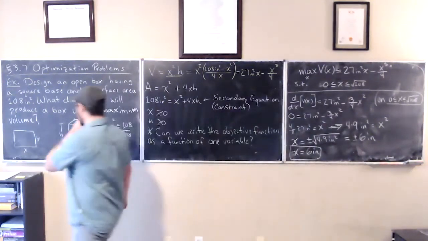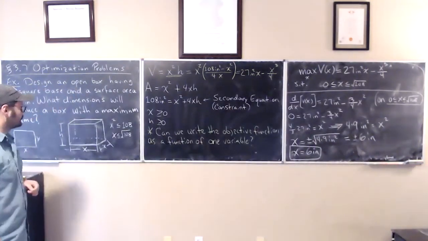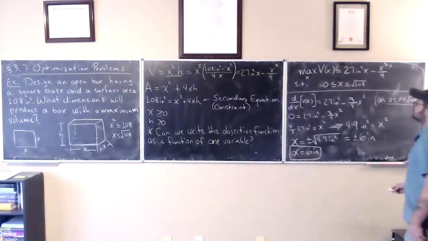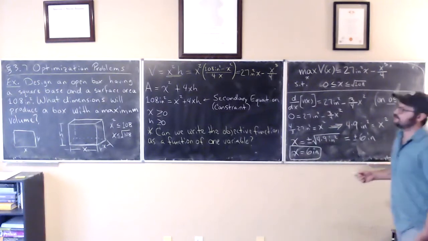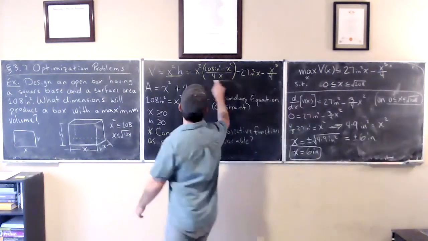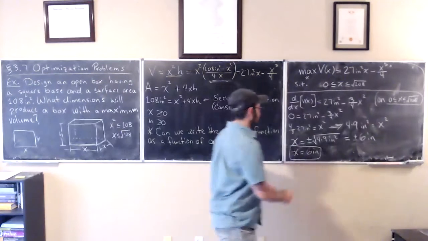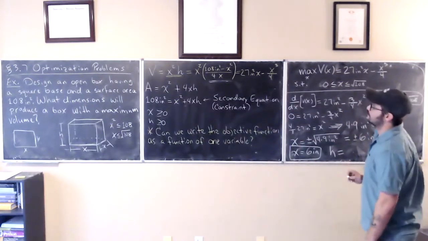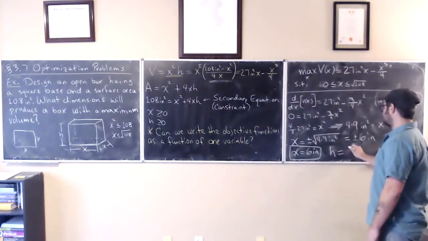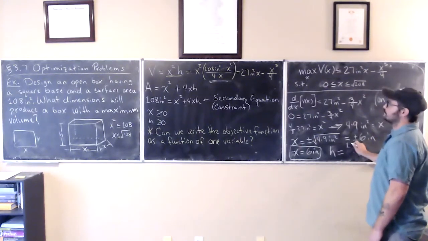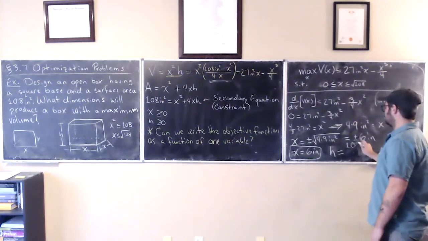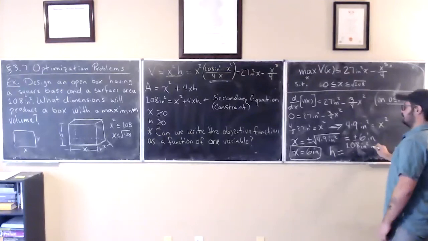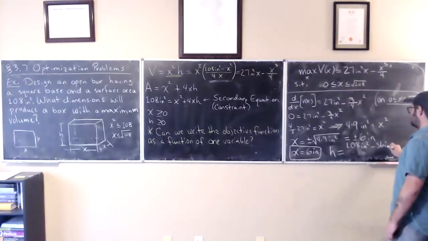Okay. So once we have x, then we can find out what h has to be by just plugging in to this bit here. So then, what is that? 108 inches squared minus 36 inches squared.